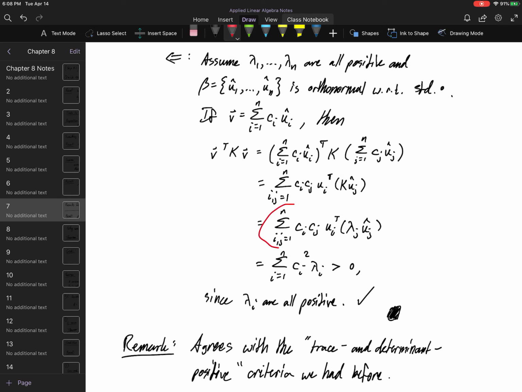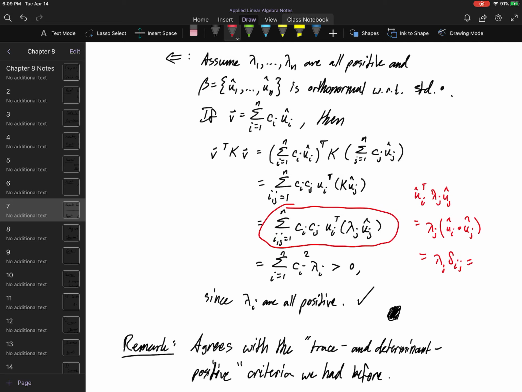and I will see that I wind up with the following expression here. This expression, ui transpose times lambda j times uj, is lambda j times ui dotted with uj, and this is exactly equal to the delta ij.